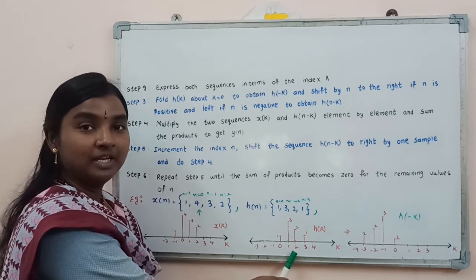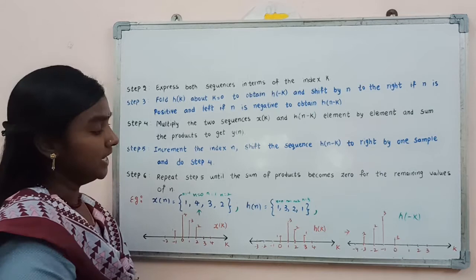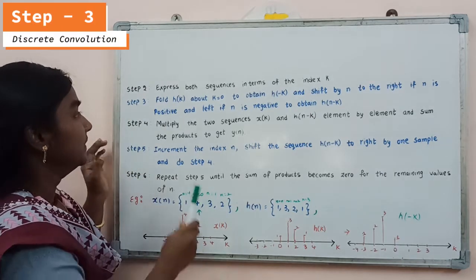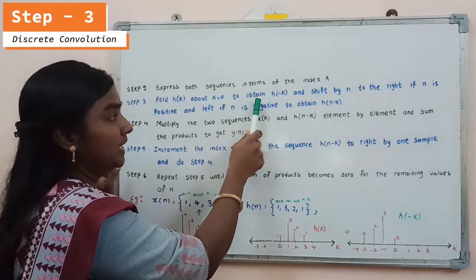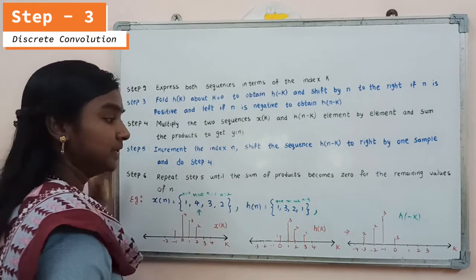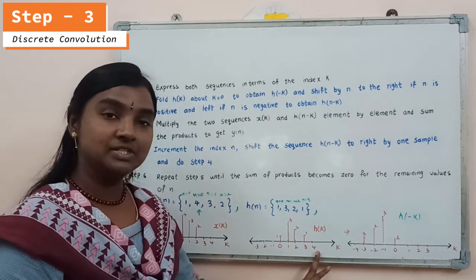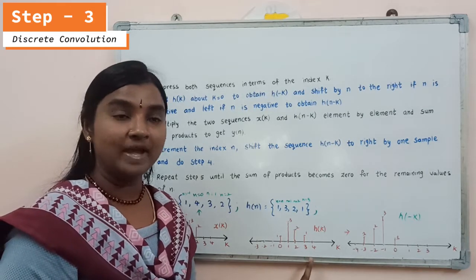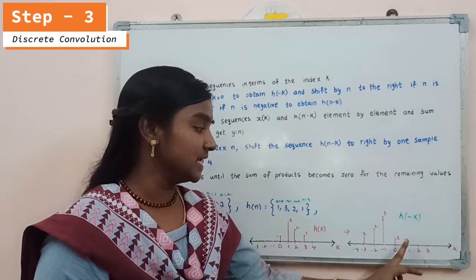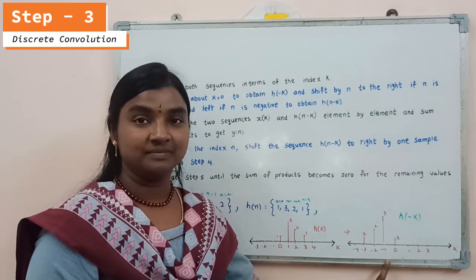Coming to step 3, fold h of k about k equal to 0 to obtain h of minus k. By doing the time reversal operation on the h of k signal, the h of minus k signal will be like this.